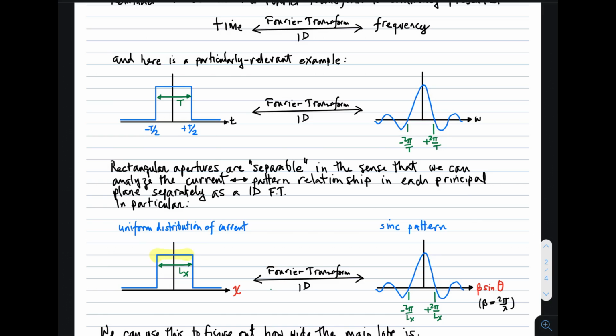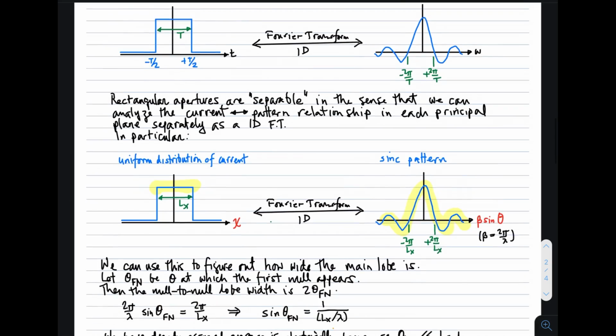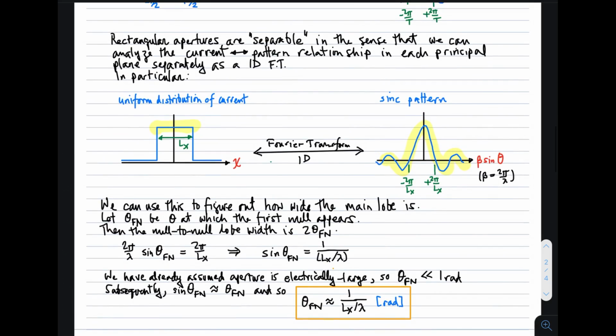So if the distribution of current is uniform across the aperture, we end up with a sinc pattern. And we can use this relationship to get a value for the angle at which the first null occurs. That is right here. And that turns out to be simply 1 over the electrical length in that dimension.